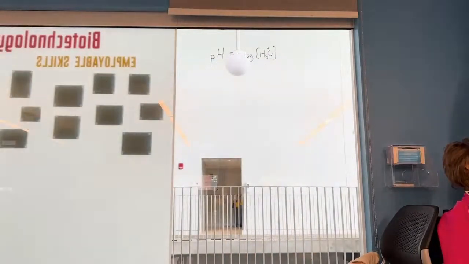Quite often you will see people writing it as concentration of H plus only. Not hydronium, but just hydrogen. In other words, we get lazy and we just write it like that. And that's fine. It's the same thing. And we're gonna get to that soon.